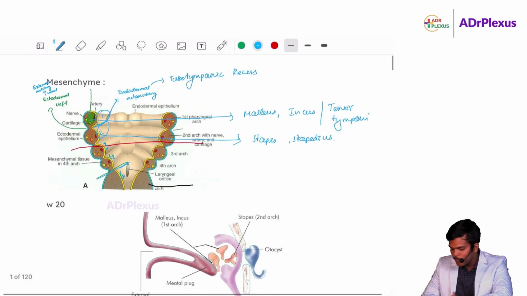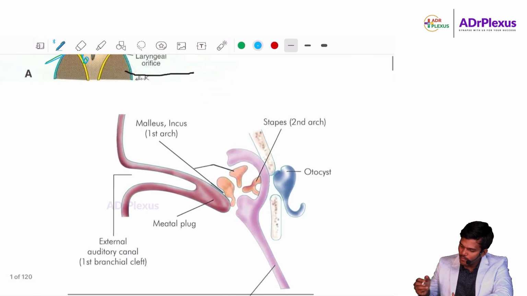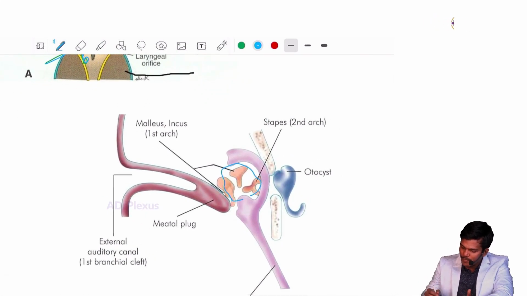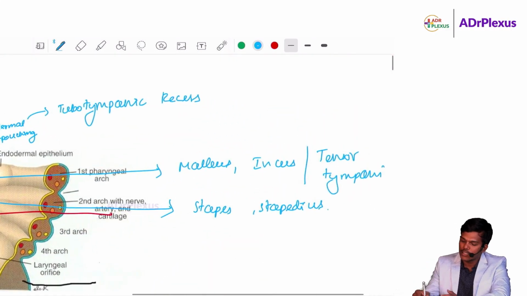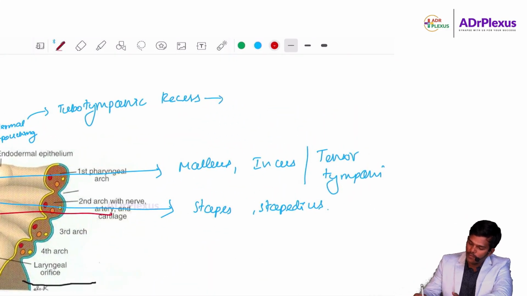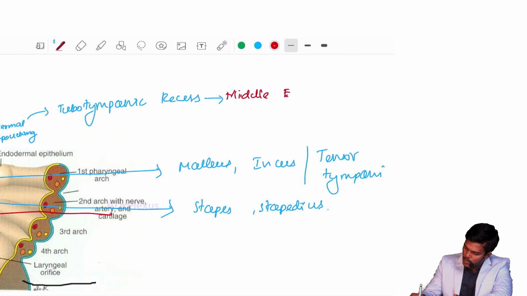Clear? Now see here, the ossicles are forming from the mesenchyme, the external auditory canal developed from the cleft, whereas what will happen to the tubotympanic recess? This tubotympanic recess will give rise to the middle ear cleft.